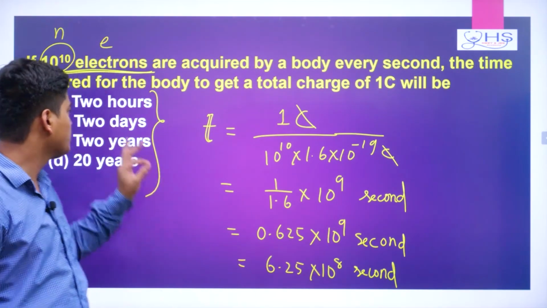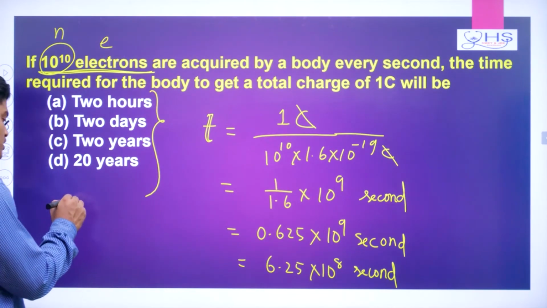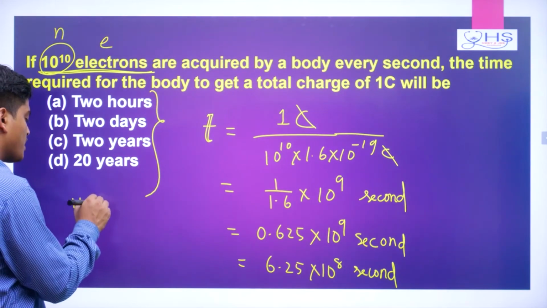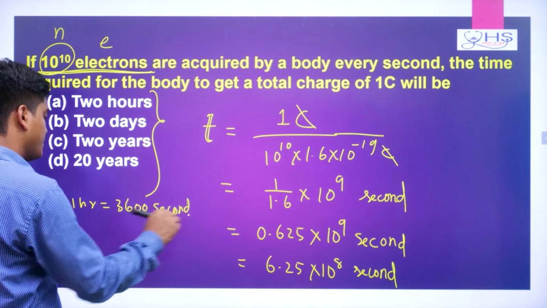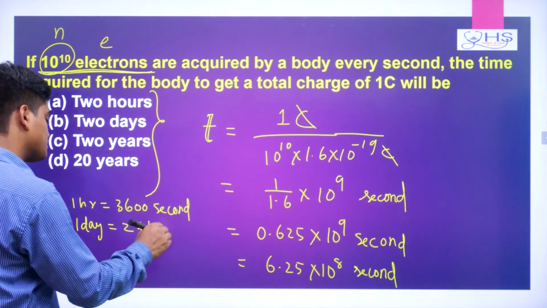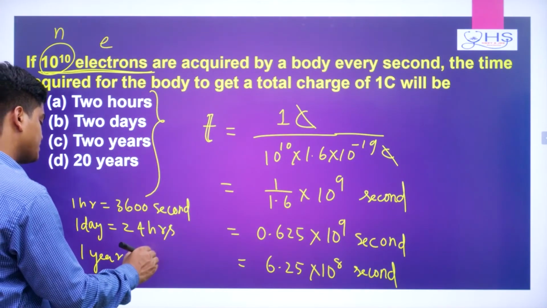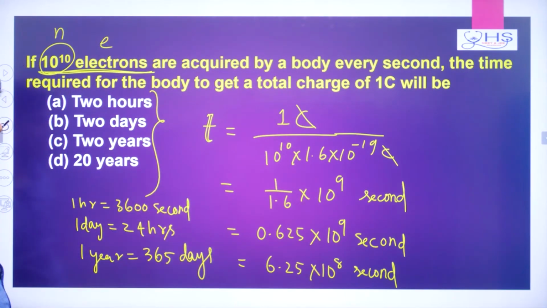But here options are given in hours, days, years, and you already know how to convert. 1 hour is 3600 seconds, 1 day is 24 hours, and 1 year is 365 days, or 365.1 something like that.